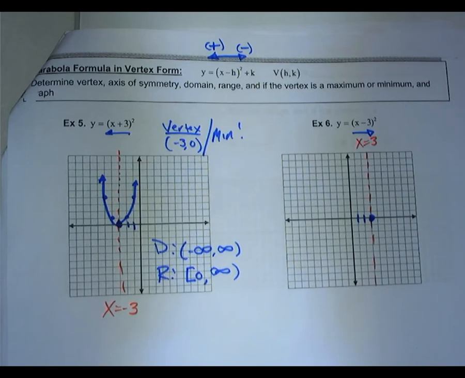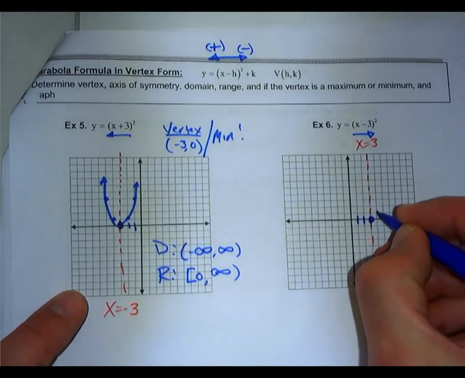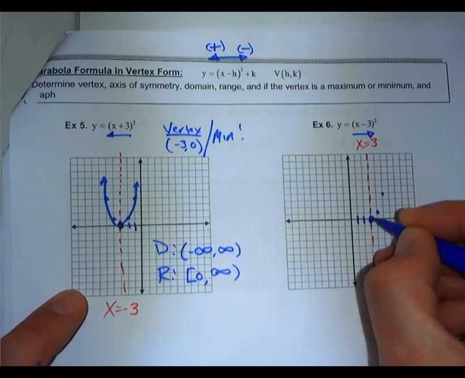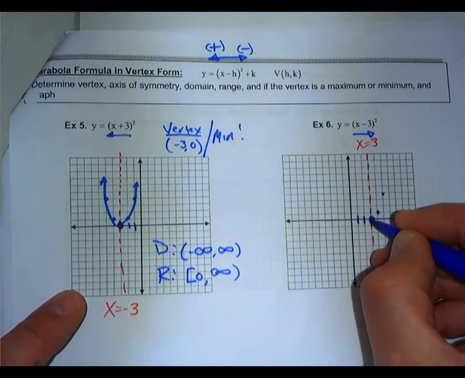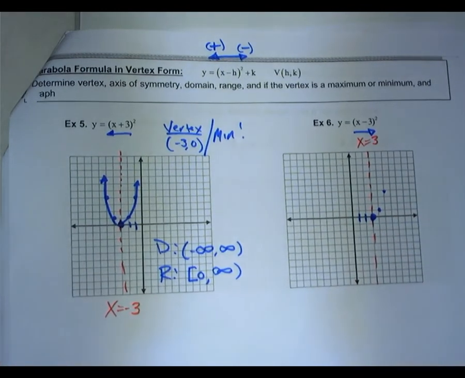Now we graph the rest of the points. If you want to use a table, plug in 4, plug in 5, see what you get. Or just follow the pattern. The pattern is over 1 up 1, over 2 up 4. The reason I'm doing that is because 1 squared is 1, so that's over 1 up 1. And then 2 squared, 2 times 2 is 4. That's why I'm going over 2 up 4.